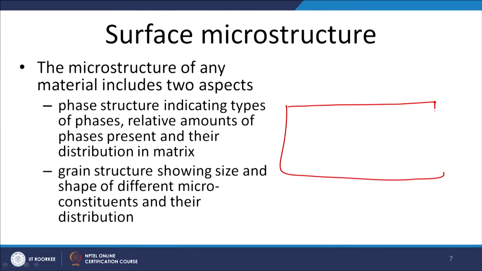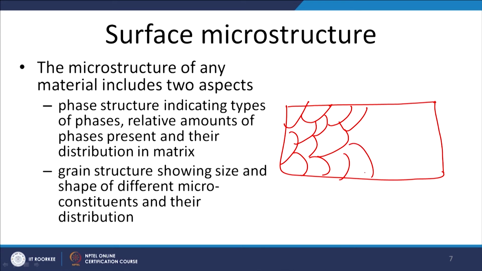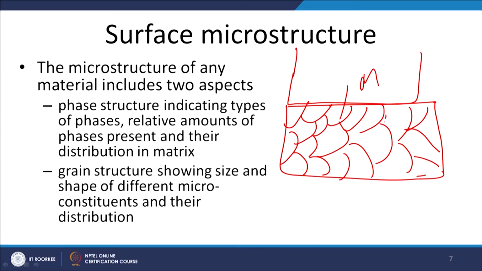Every bulk material will have its own microstructure, will have certain kinds of phases, sizes and shapes. So, this is about the bulk material, but whenever the material is subjected to, say, adhesive wear, metal to metal rubbing, this metal to metal rubbing causes very near surface layer deformation. This deformation may be up to 50 to 100 micrometer, and this deformation is so high that all subsurface structure will get damaged.